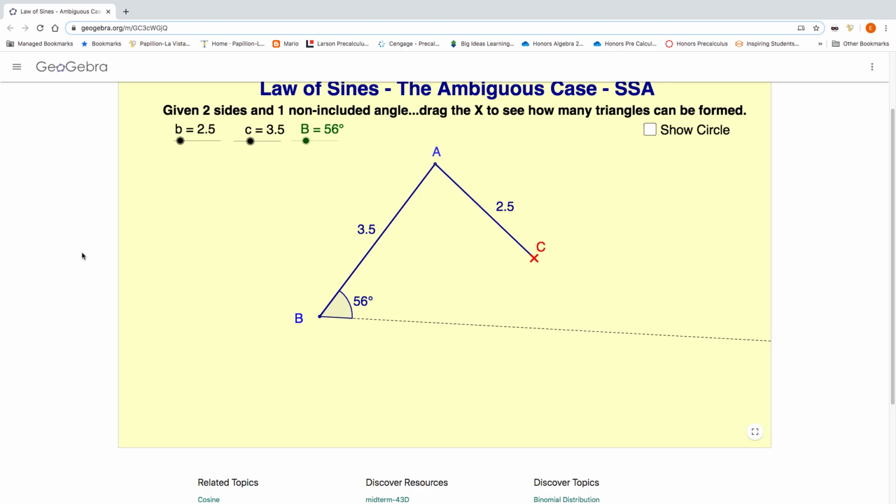Did your geometry teacher ever tell you that you would never use the bad word, reading it backwards? ASS? So it is not a congruence postulate for geometry. However, in terms of solving the triangle, it is possible that a triangle exists given two sides and an angle that's not included between them.